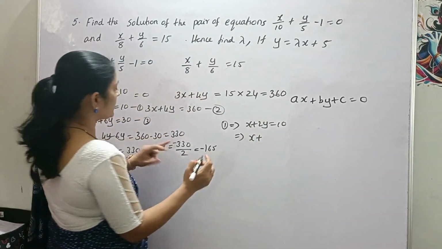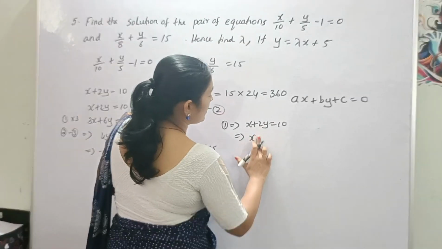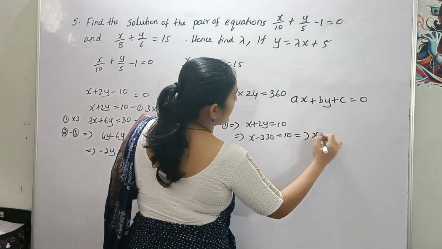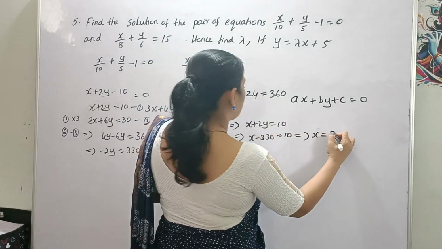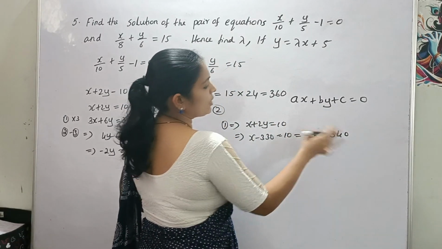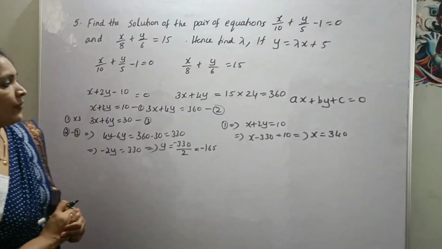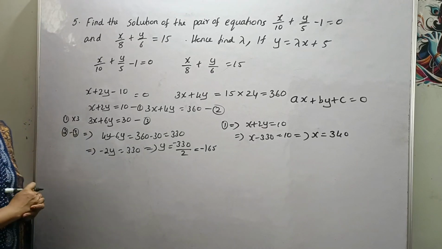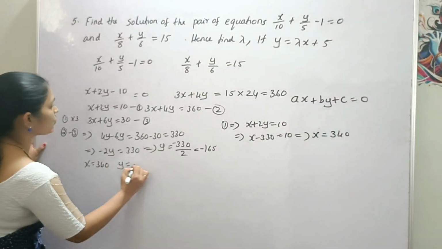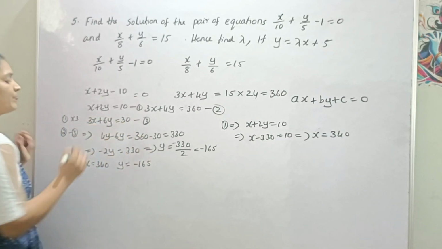That is nothing but minus 330. Minus 330 is equal to 10. That implies x is equal to 340. Take this minus 330 to the right side, it will be 340. So here we have got the values of x and y: x is equal to 340 and y is equal to minus 165.